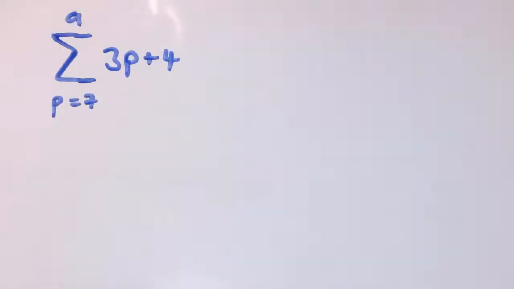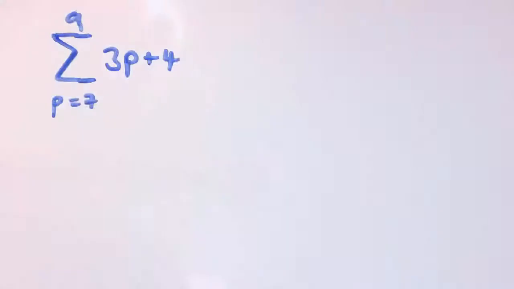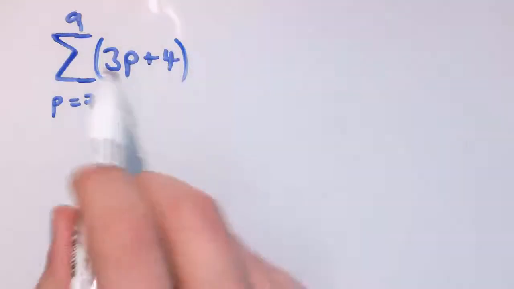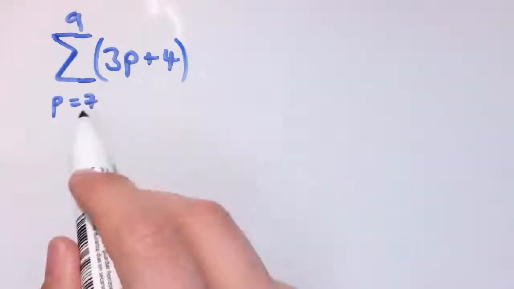Here's another one. No reason it has to be n in the sum. Here I'm going from p equals 7 to 9 of 3p plus 4. Now, usually this will mean this is all in brackets, so I'm taking 3p plus 4 for the values of 7, 8 and 9.